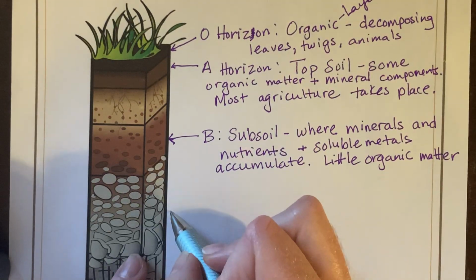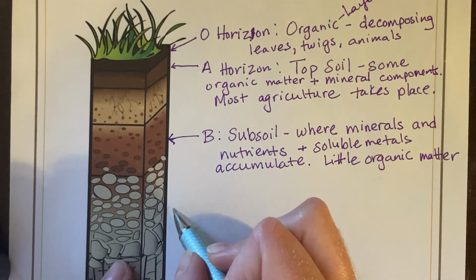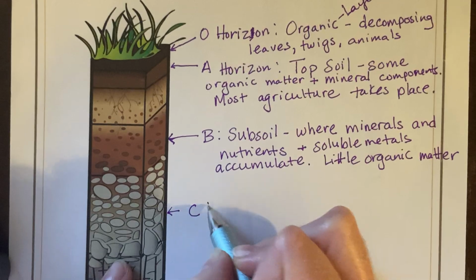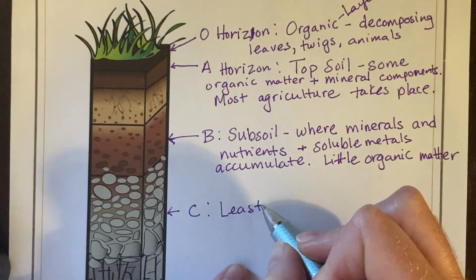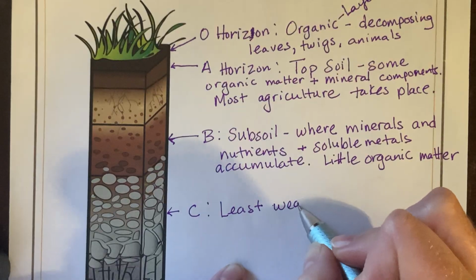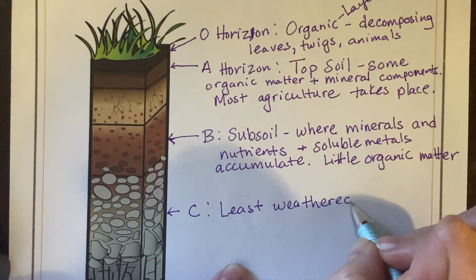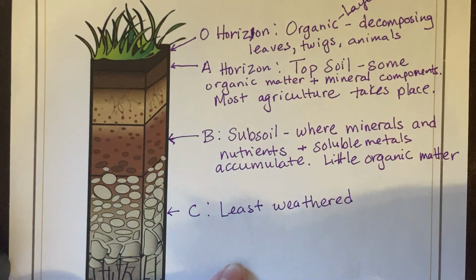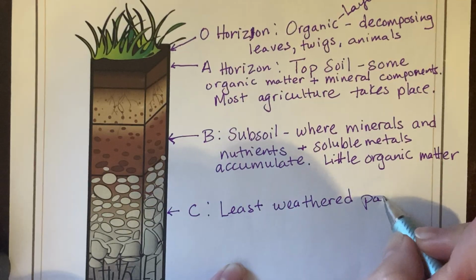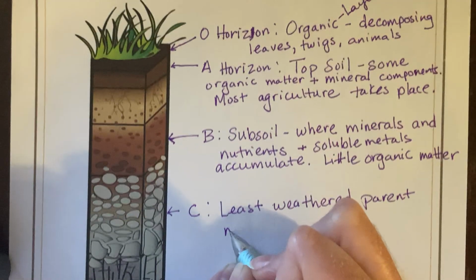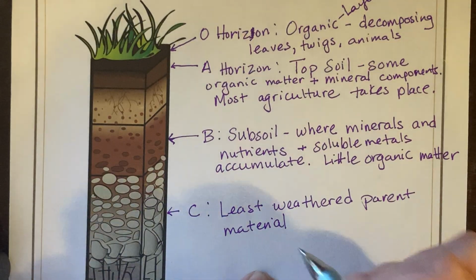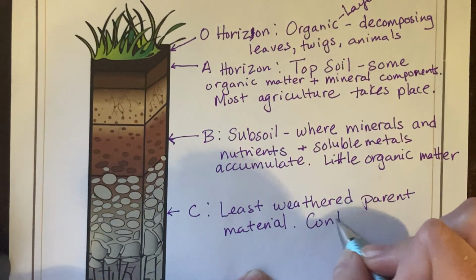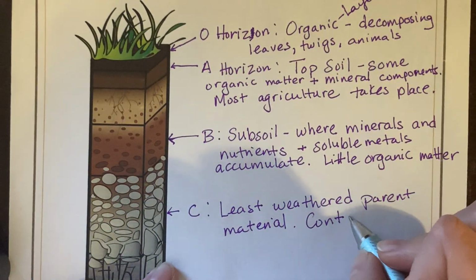Okay, so down here is your C horizon, and that is the least amount of weathered parent material. And so it's mostly rock that's beginning to break down.